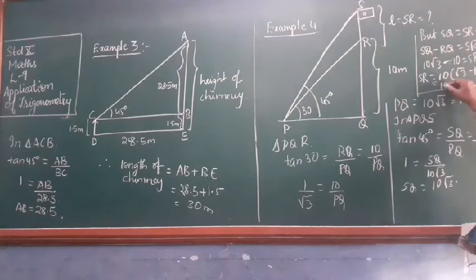Root 3 value is 1.732 minus 1. So finally your answer should come out to be 7.32 meters. Calculation further you can do. So this is how another example you can solve.